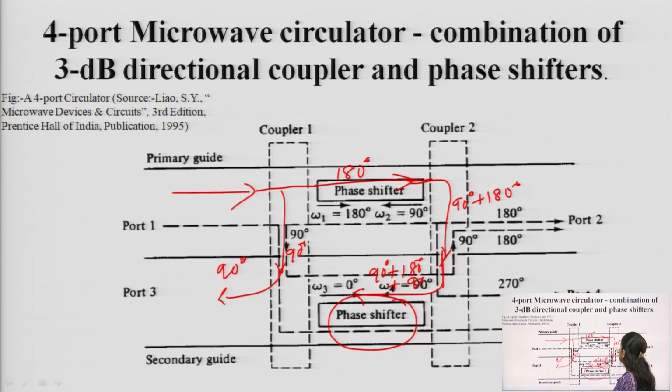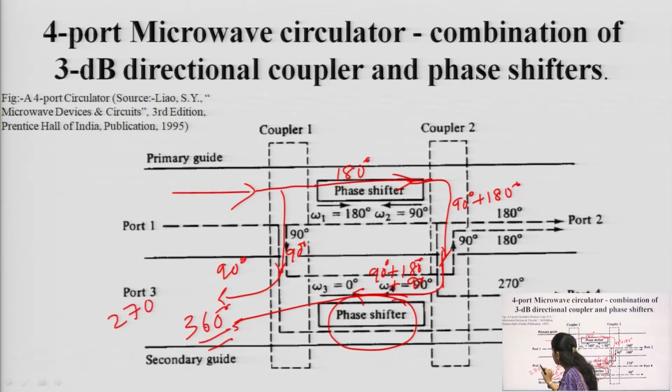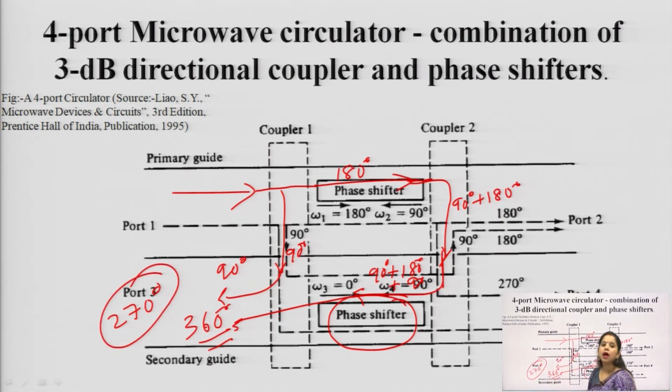So, what is 180 plus 180? That means this signal which is coming this way has a phase of 360. That means a phase difference of 270 degrees. That means out of phase. That is why the signal is not received at port 3 when the signal is transmitted from port 1.